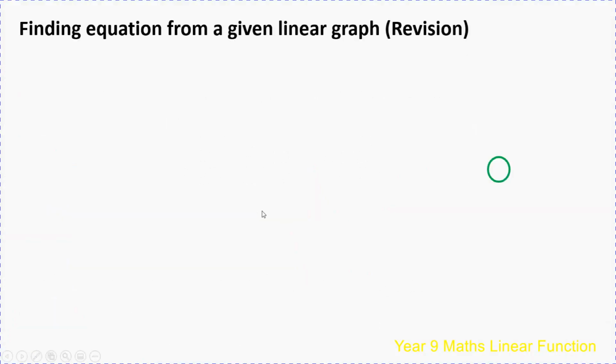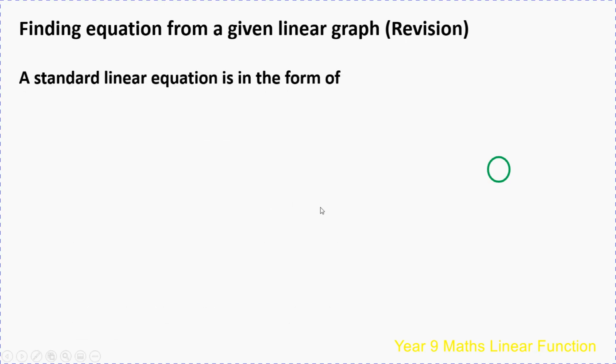In year 8, you've learned how you can find the equation from a given linear graph. That means if you see a graph, can you find its equation? If you still remember, a standard linear equation from year 8 is in this form.